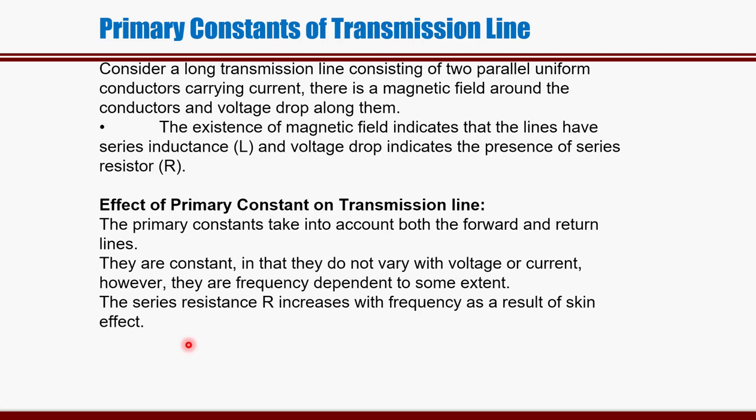In both cases, they are present. Their values are constant, they will never change. But they are frequency dependent. We know that inductance and capacitance are frequency dependent parameters. The series resistance R increases with frequency as a result of skin effect.